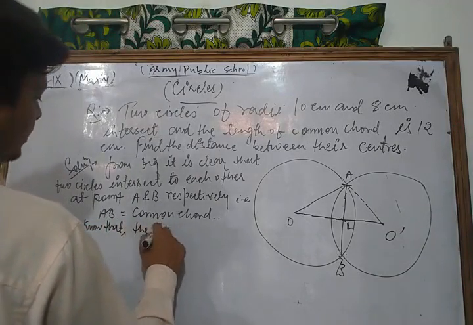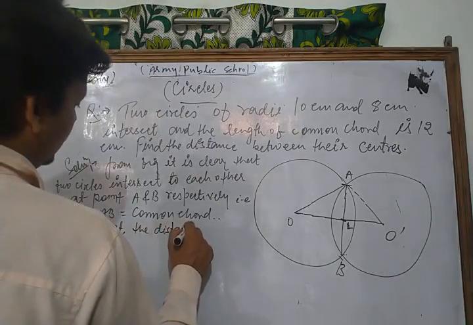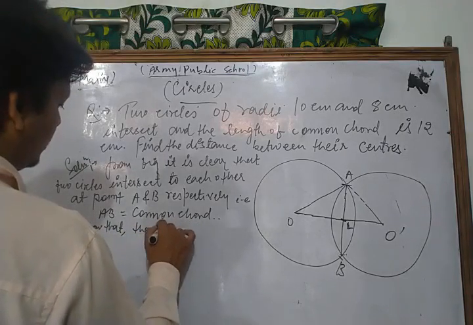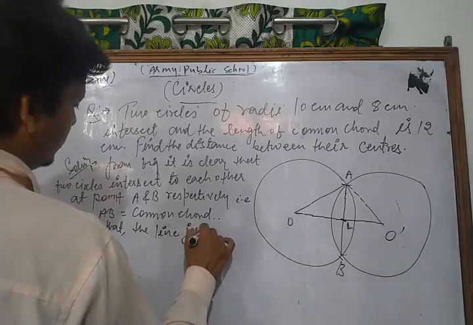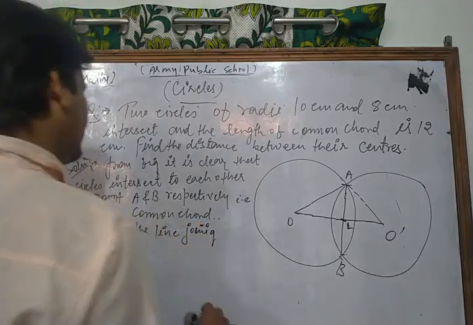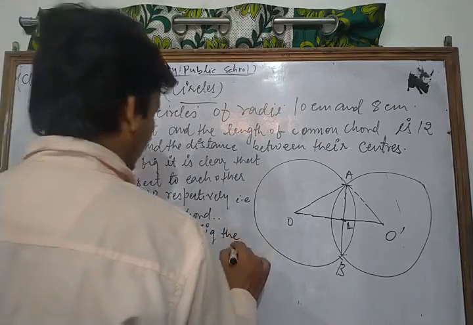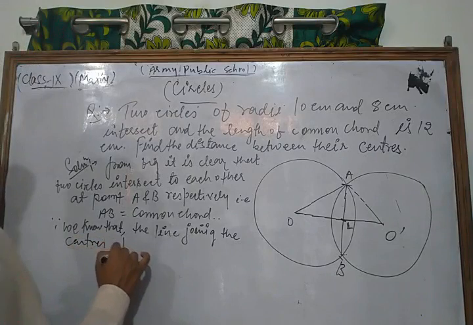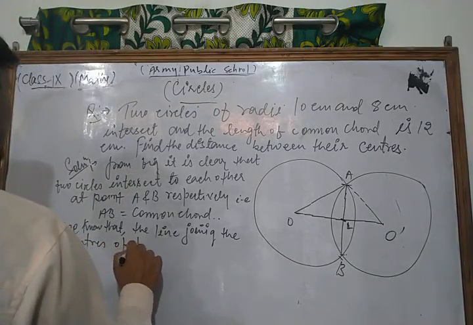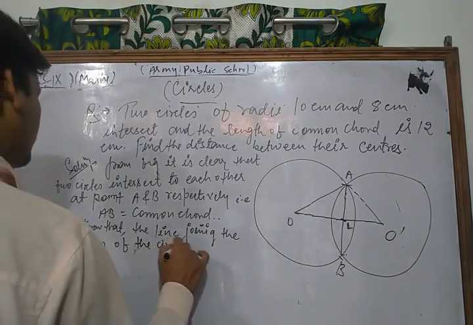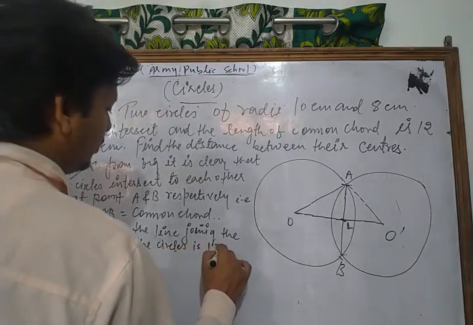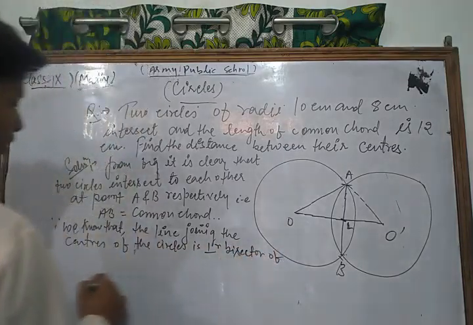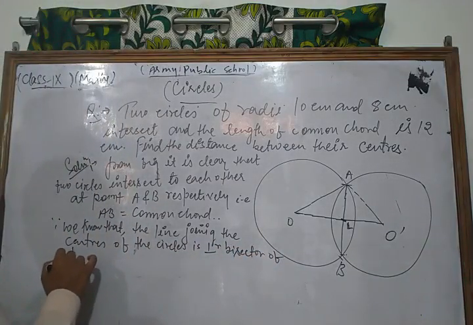The line joining the centers of the circles is the perpendicular bisector of the common chord.